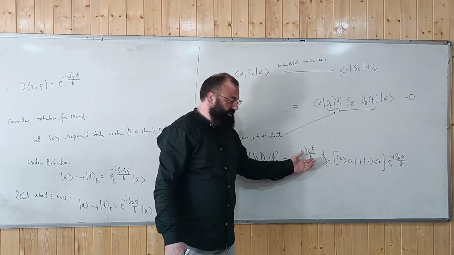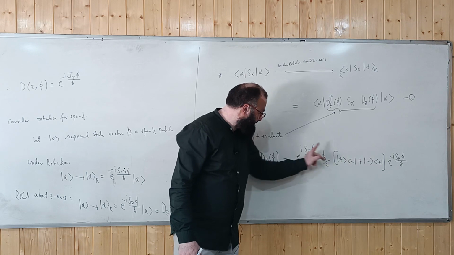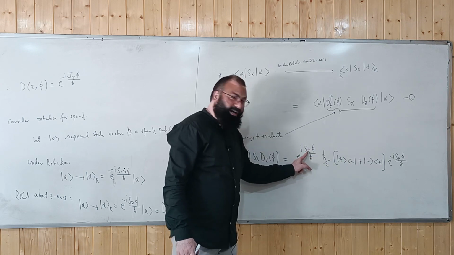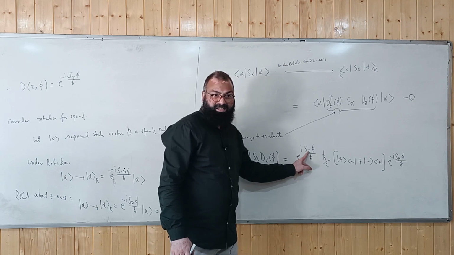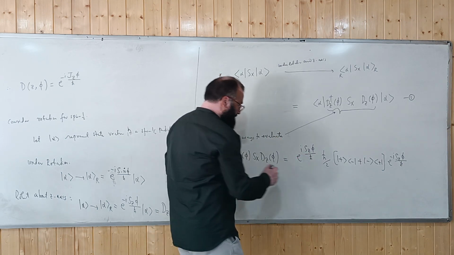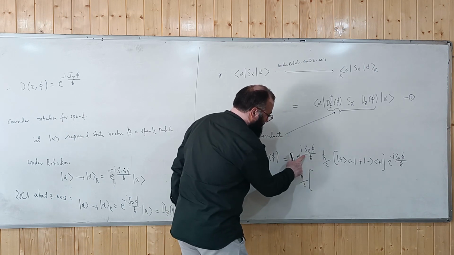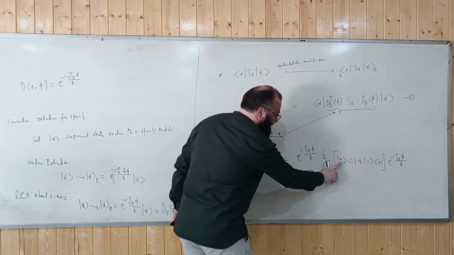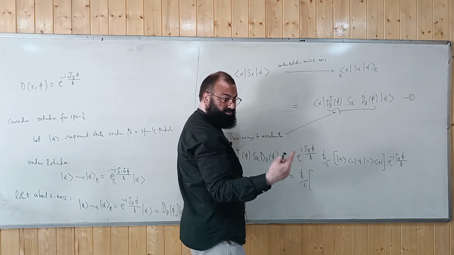This is an operator, and it will act on this plus. If it is an eigenstate of the operator, it will just pick up the eigenvalue. So the h cross by 2 I will write outside. Now e raised to i Sz will act on plus, and that gives h cross by 2.